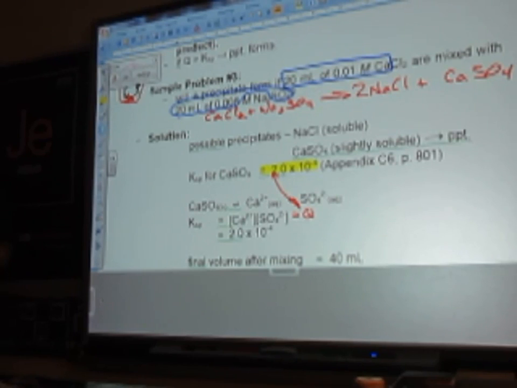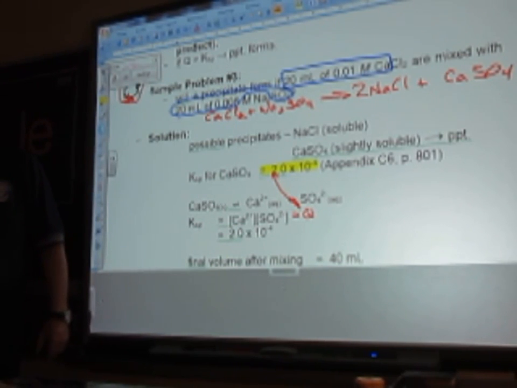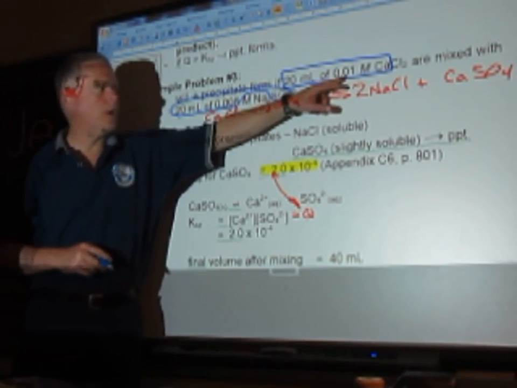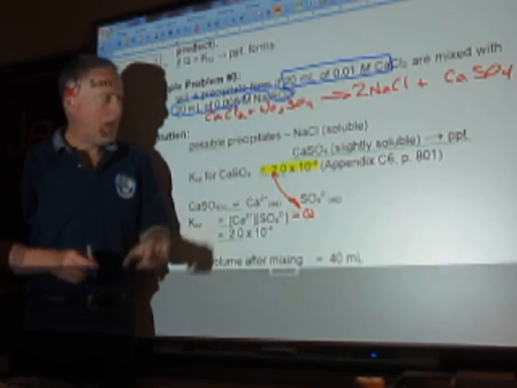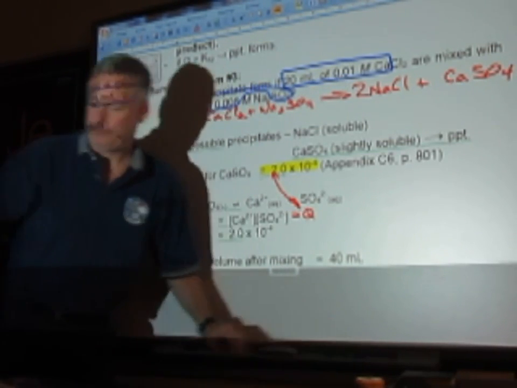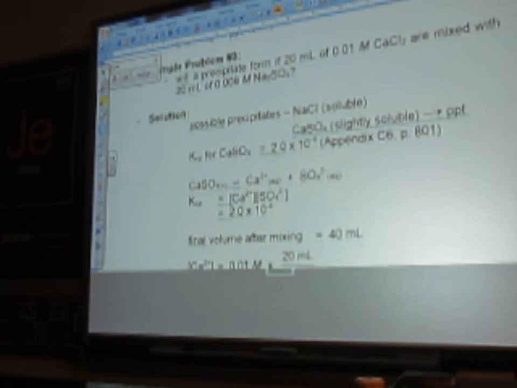So what we do now is find the concentration of calcium in my new volume. We take the former concentration of calcium that we started with, and we multiply that by the old volume divided by the new volume.